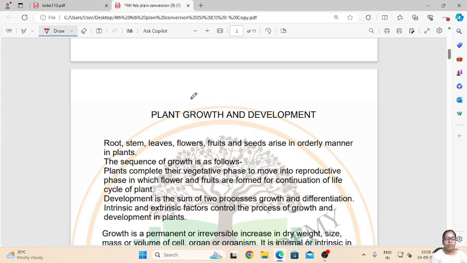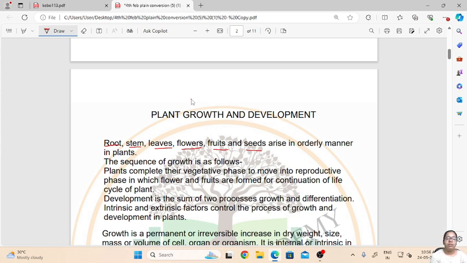So in plants we know that there are roots, stems and leaves, flowers, fruits and seed, and these arise in an orderly manner in plants. So how do these parts of plants grow?